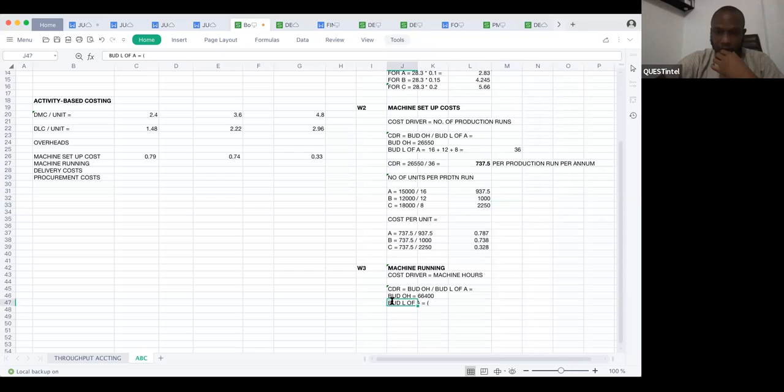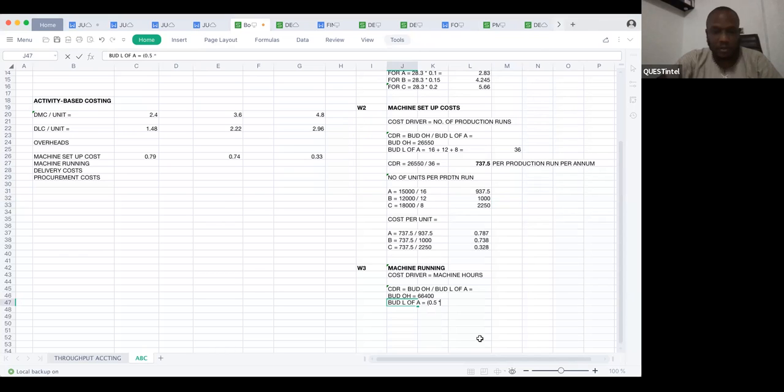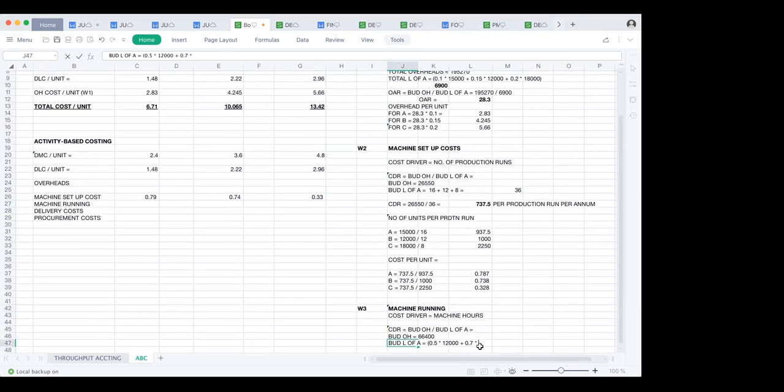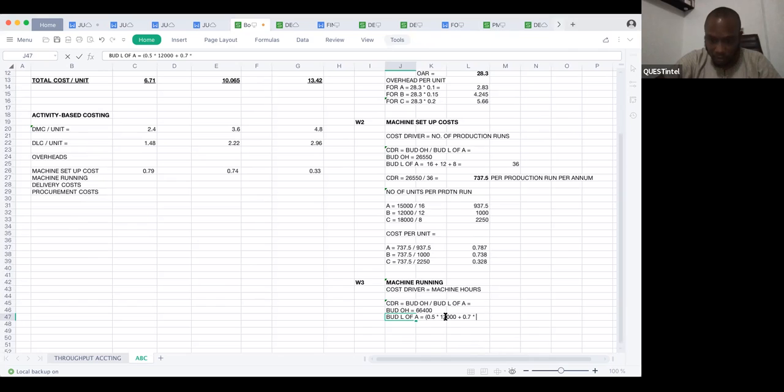So we have budgeted level of activity. So 0.5 times how many units for A? We should have got it comfortable with the 12,000. Then 0.7 multiplied by, was it 12,000? No, 15,000. The first one was 15,000.